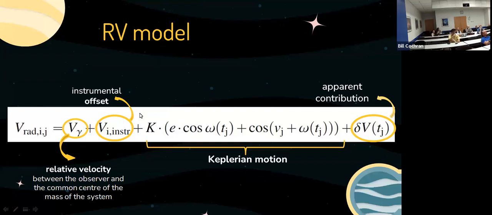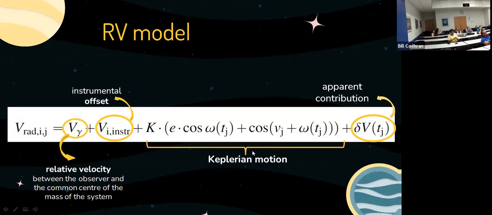Since we had many instruments observing our star, we had to add an instrumental offset, which is due to the fact that we don't always have the same fibers, instrument, etc. It's another offset, and these are all fitting parameters.